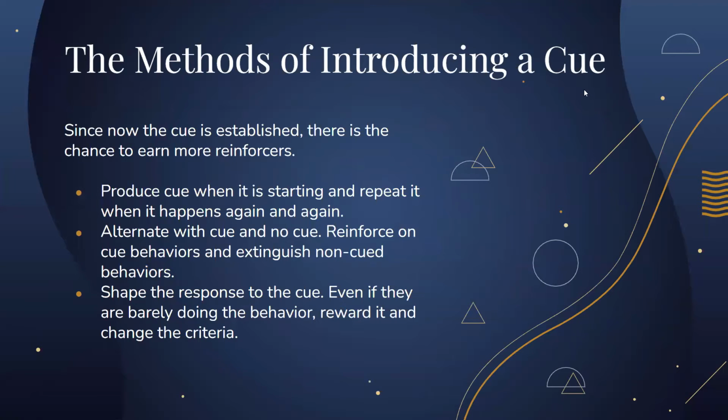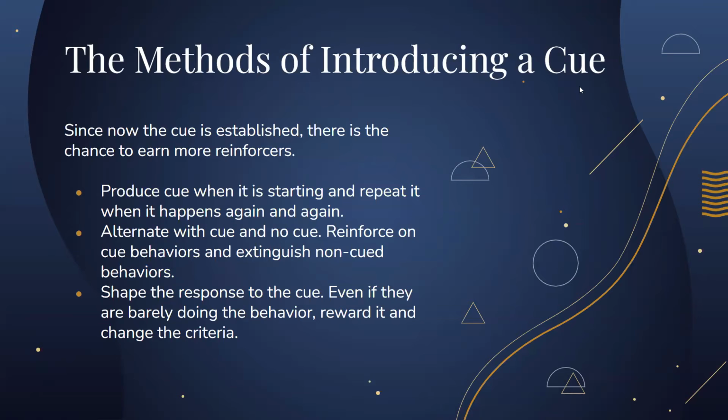And these are methods of introducing a cue. There are some where you produce the cue when the behavior is starting, and then repeat it again and again when it starts to happen more and more. You alternate with no cue and cue, and reinforce the behaviors on cue and extinguish the non-cued behaviors.